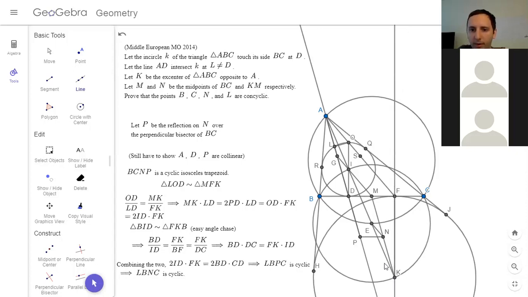And then, so by homothety, I think AD and FK concur. Yeah, I think it's fairly simple, because AD and FK meet on the AFX circle, because a homothety takes AFD to AFX, let's say.